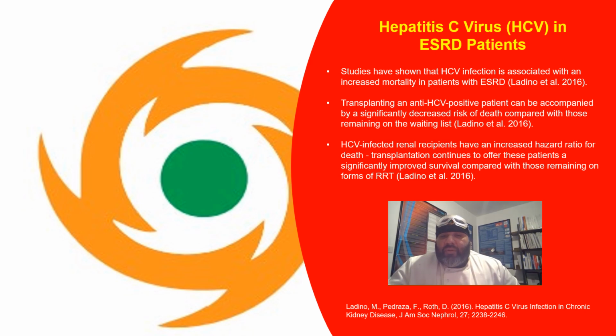HCV-infected renal patients have an increased hazard ratio for death, and transplant continues to offer these patients a significantly improved survival compared with those remaining on a form of renal replacement therapy.